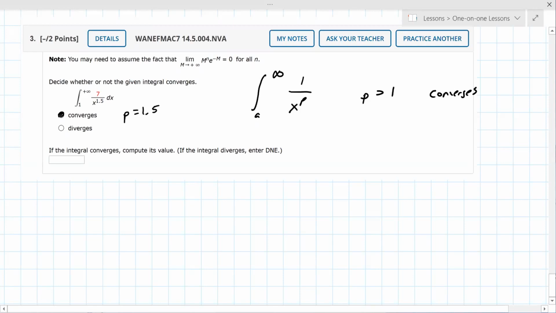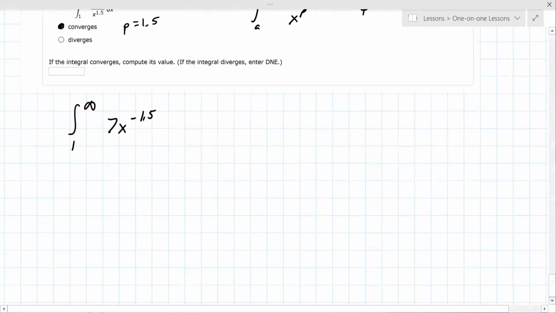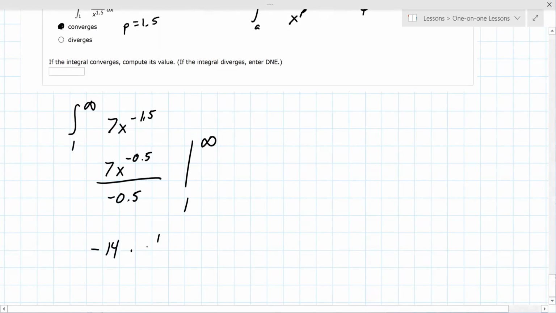Now, what does it converge to? That's where it's a little bit tougher here. So you may want to rewrite this integral from 1 to infinity as 7x to the minus 1.5, and then find your antiderivative that way. So it's 7x to the minus 0.5 over minus 0.5, evaluated from 1 to infinity. We can clean this up a little bit. It's minus 14, and then x to the minus 0.5 is 1 over the square root of x.